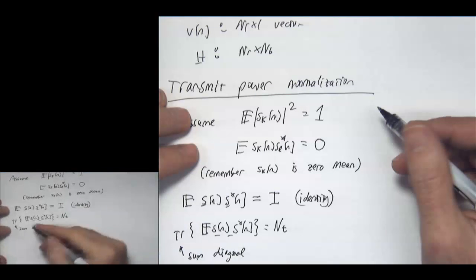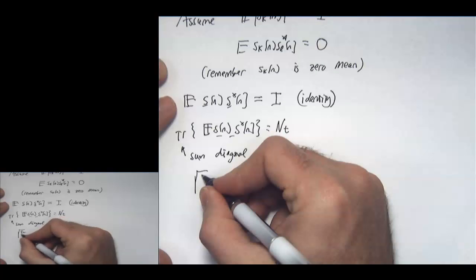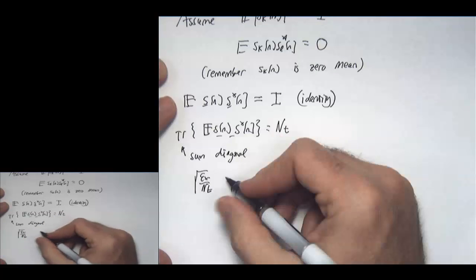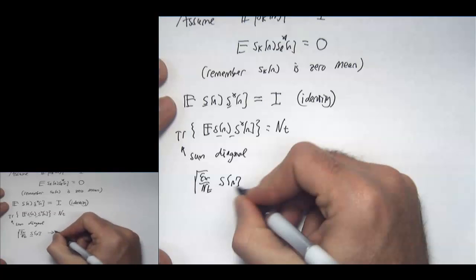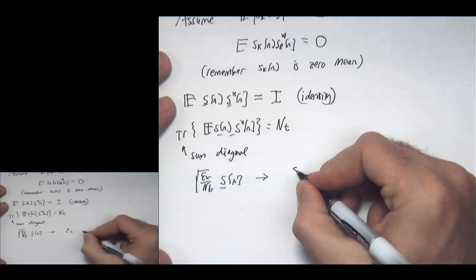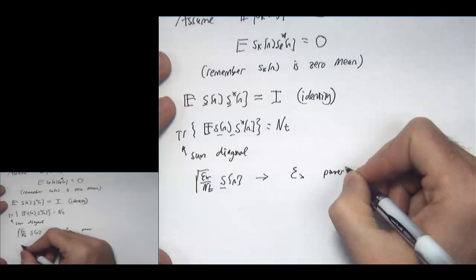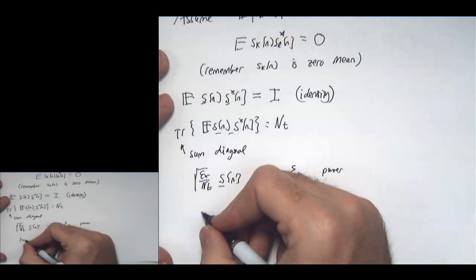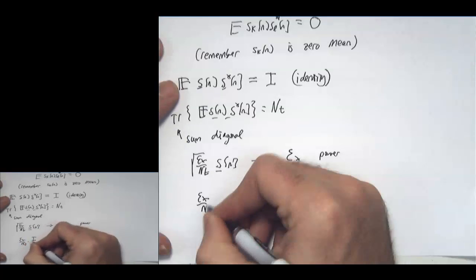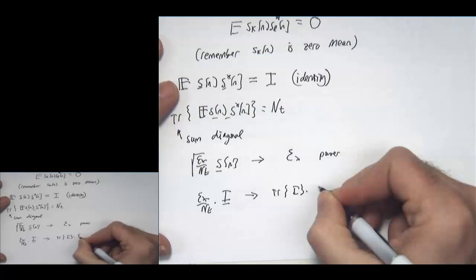And therefore, if we consider our transmitted symbols to be square root of Ex over nt times S of n, then the normalization becomes Ex power here, because you get essentially Ex over nt times identity, which leads to the trace of identity times Ex over nt, which is equal to Ex here.